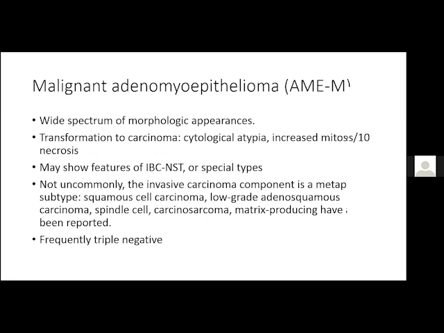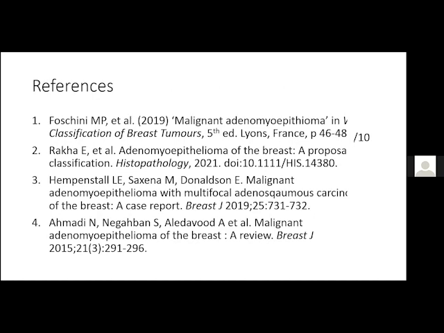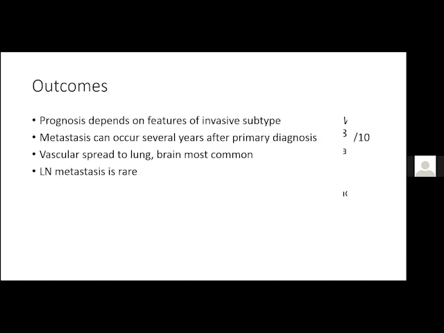It may show features of invasive breast carcinoma, no special type, or special types including lobular carcinoma, but not uncommonly the invasive component is a type of metaplastic carcinoma, frequently triple negative. The prognosis depends on the features of the invasive subtype, and metastasis can occur several years after the primary diagnosis. Typically, hematogenous spread, lymph node disease is rare. And there are some references.